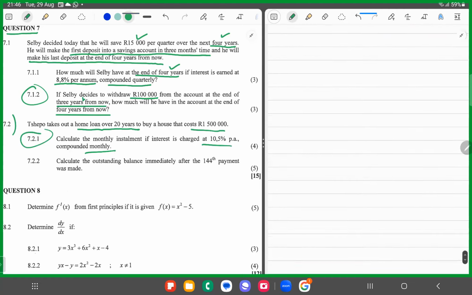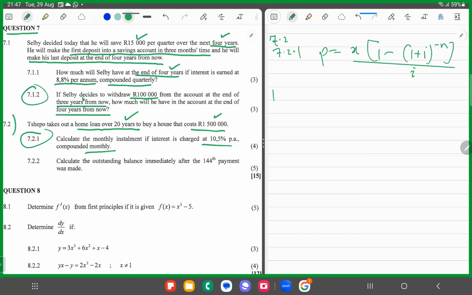7.2. Right, so if Tsepo takes out this home loan over 20 years to buy a house that costs 1.5 million, calculate the monthly installment. You are dealing with present value, so it is x into 1 minus (1 plus i) to the minus n, all over i.